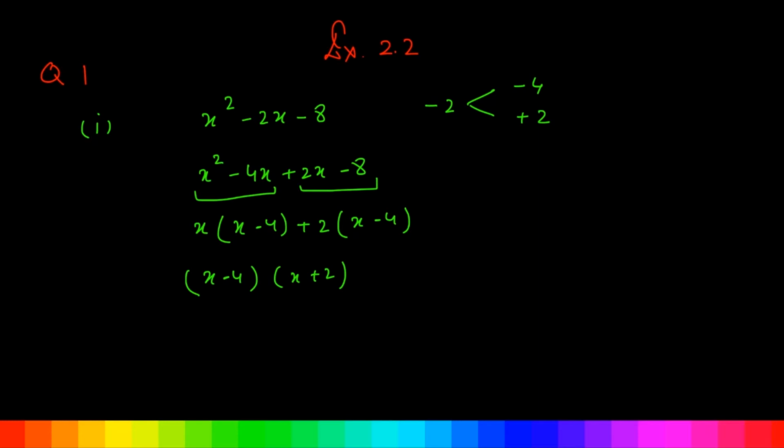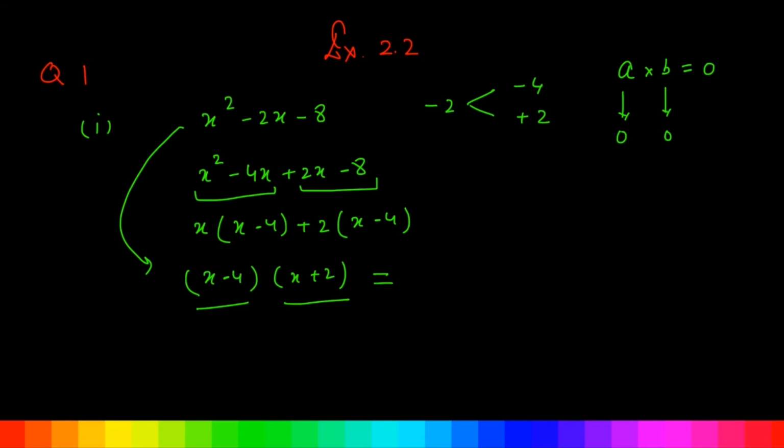We know if a multiplied by b is equal to 0, it means either a is equal to 0 or b is equal to 0 or both are equal to 0. So, x squared minus 2x minus 8 has two factors, x minus 4 and x plus 2.